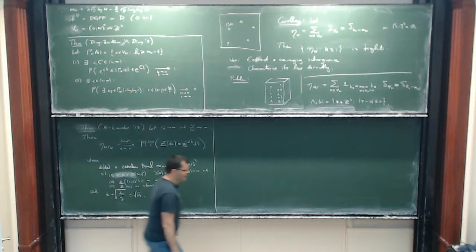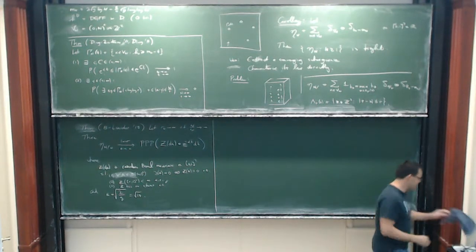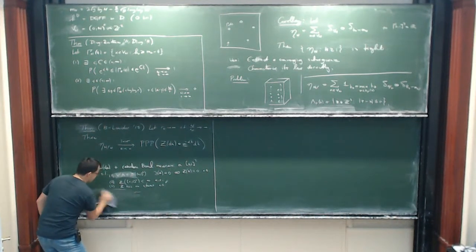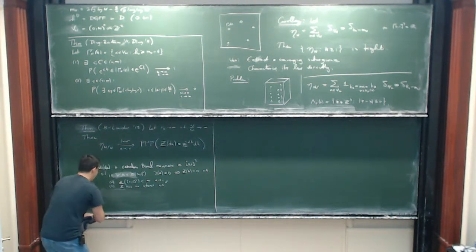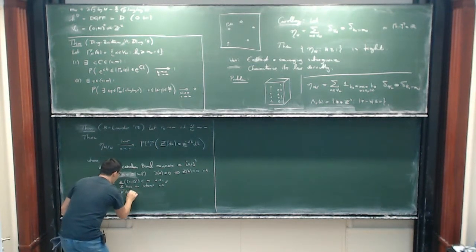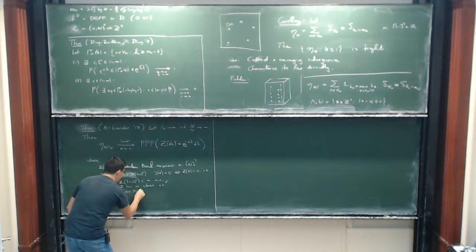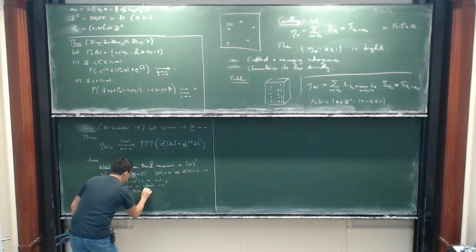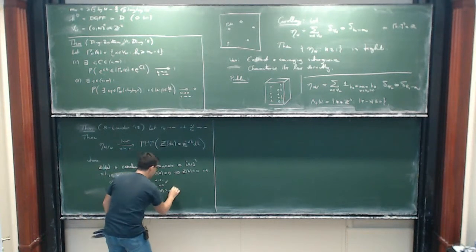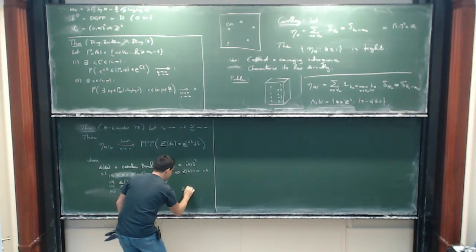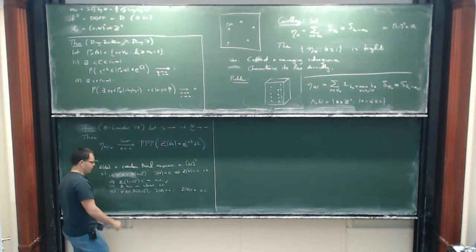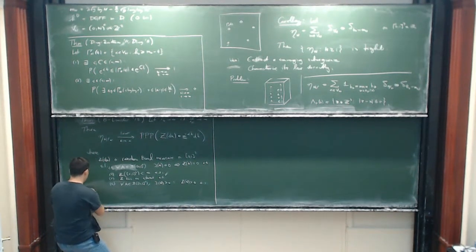I wanted to talk about these things later, but let me just add another clause in here. And 4 is that for every Borel set A with positive Lebesgue measure, Z of A is positive almost surely.